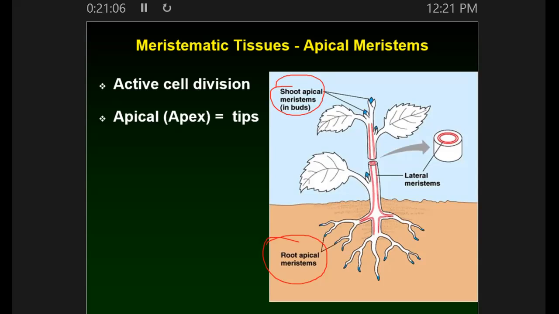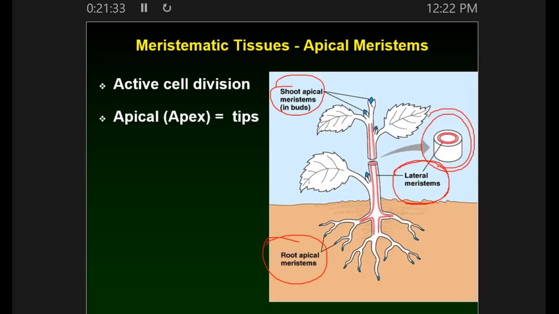We also see that there's meristematic tissue, they call it lateral meristems. That's also active areas of cell growth. So if you take a plant stem and cut it in a cross section, which is what they've done here, and you see that red ring of tissue in the stem, that is what we refer to as lateral meristematic tissue.